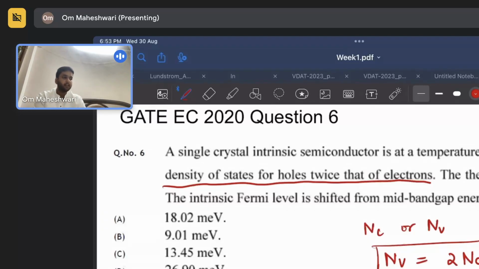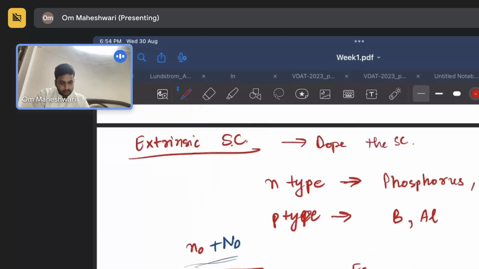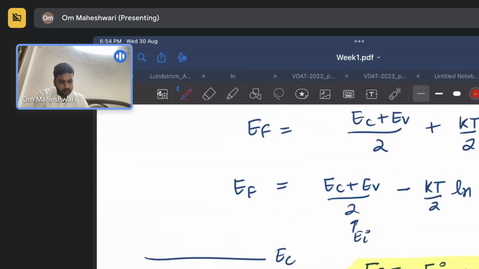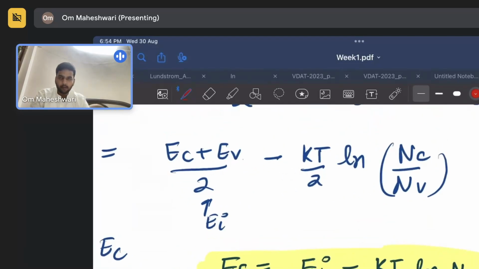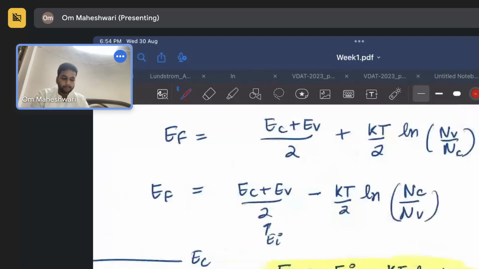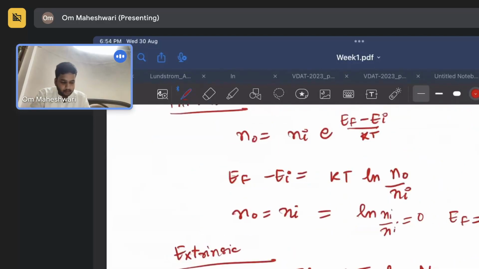So let me tell you what you can use. The formula that we may use here is this relation that we just found, right? This relation can be used to solve this question. Very easy, right? So I'll write the relation also.